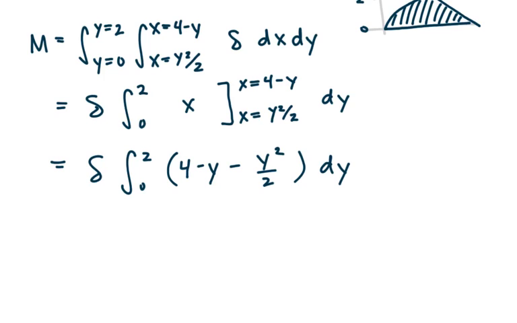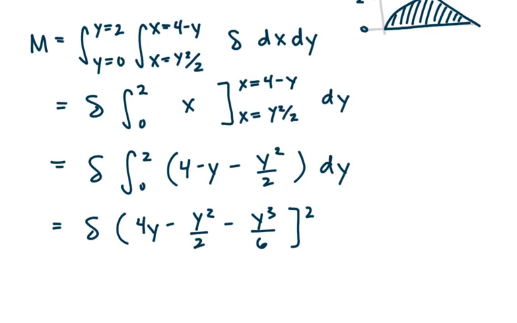We now need to integrate with respect to y, which gives me 4y minus y squared over 2 minus y cubed over 6 from 0 to 2. When I plug in 2, I have 8 minus 2 minus 8 over 6. That gives me 14 thirds. When I plug in 0, I get 0. So my mass is 14 delta over 3, or 14 thirds delta, however you want to think about that.